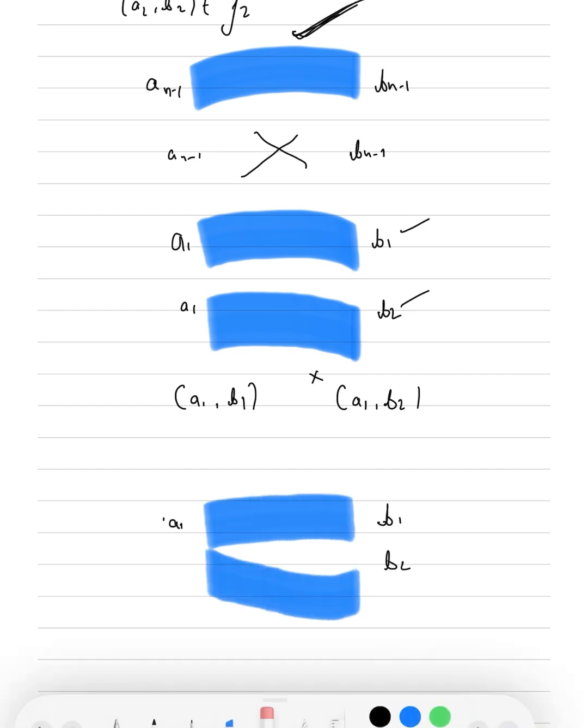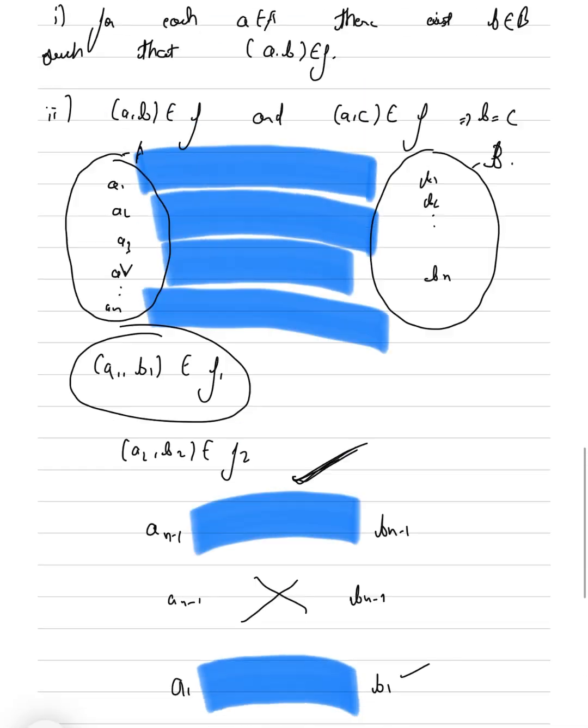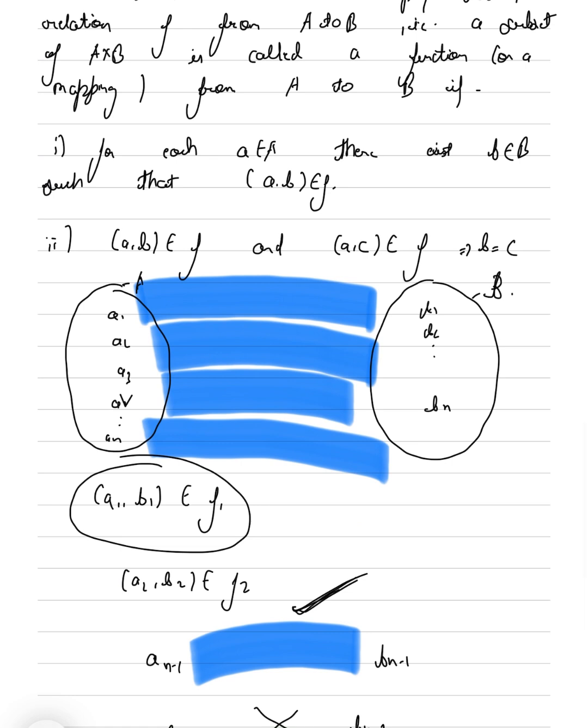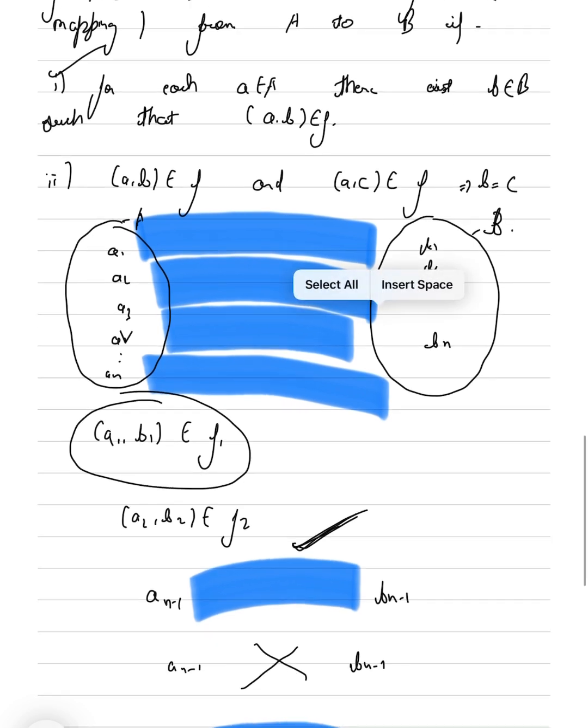Okay, you can't map it to both the elements. So I think I made my point clear. Okay, for each a belongs to the set A, it means that there must be a mapping for all the elements that belong to set A, and that mapping must be unique.